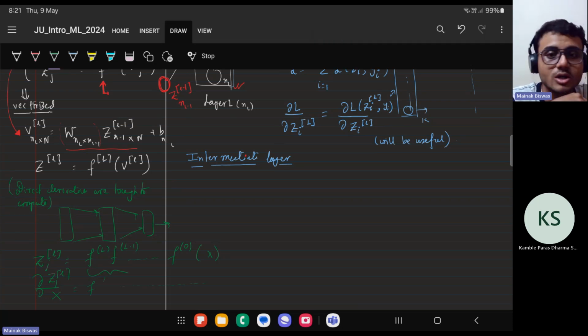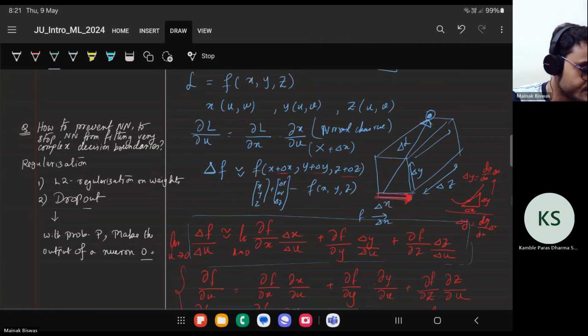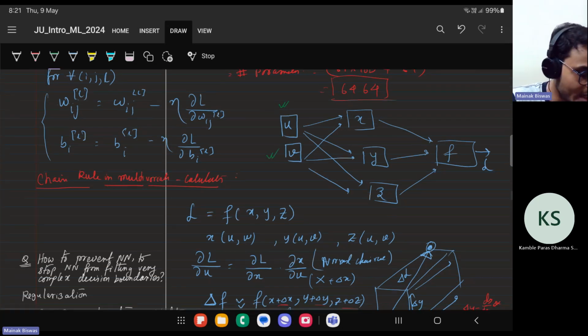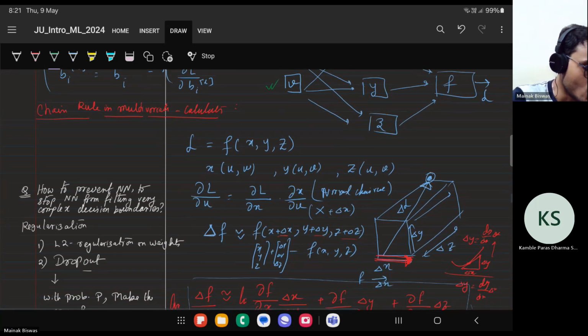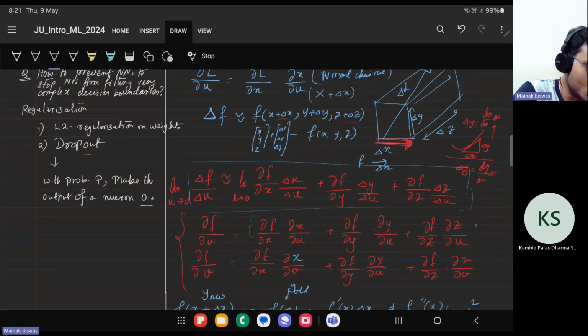We saw in the previous class that if you have this composition, with independent variables u and v passed through functions x, y, and z to get the function f, you get a linear combination of all the derivatives that branched out.